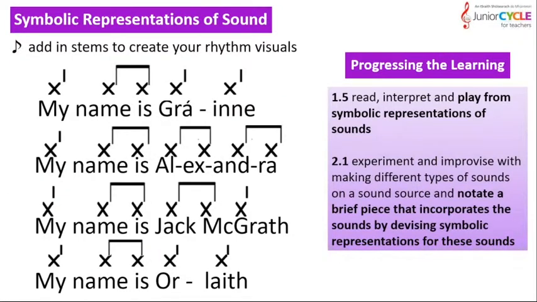In further progressing, students devising, playing, reading, and interpreting symbolic representations of sounds, they can start building the construct of rhythm notation by adding in stems, as you can see here.